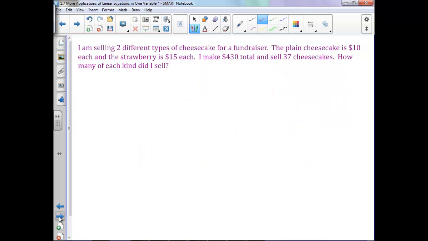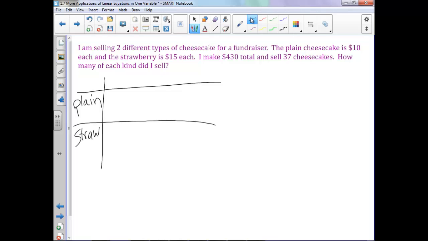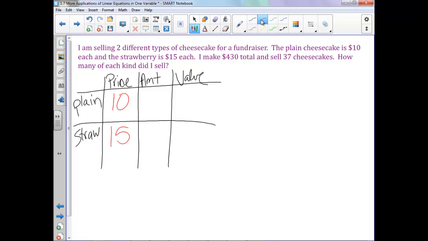Once again, this is another type of mixture problem. You're not actually mixing two things physically. So let's look at the different cheesecakes. The plain cheesecakes are $10. The strawberries are $15. We don't know how many of each of them we made or sold, but we did sell 37 total.